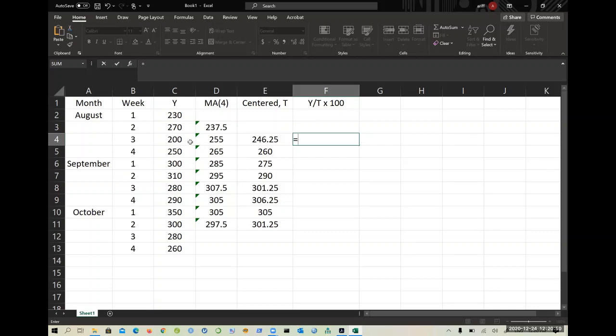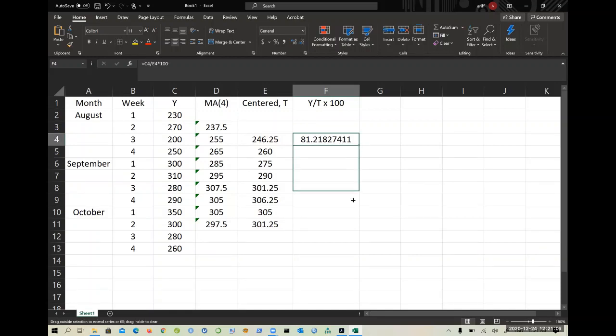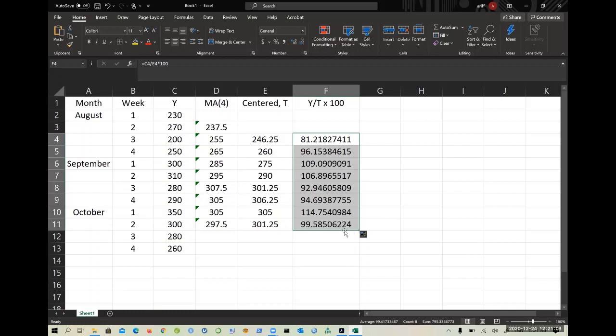So in this case, you take 200 divided by 246.25, and then you multiply with 100. Calculating this one, you should get this value. So this is the amount that you have.